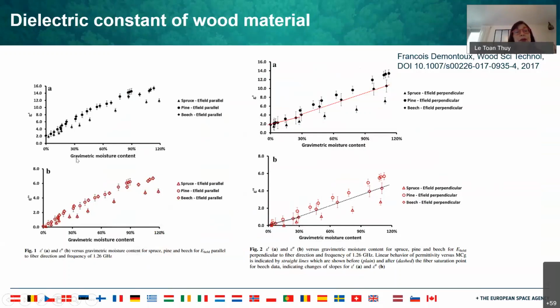It's just to tell you that the more water you have, the more the dielectric constant increases. It's spruce, pine, and beech, with the electric field parallel to the fiber, and here perpendicular to the fiber, because wood has a fiber. Sometimes you see that they increase, but differently for the spruce than the beech and the pine.